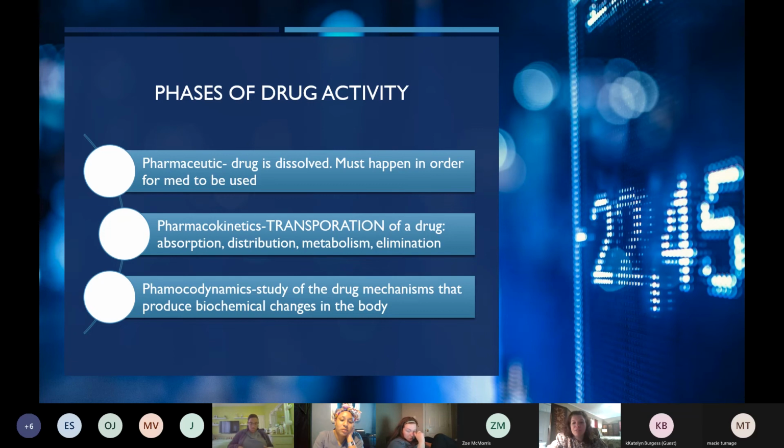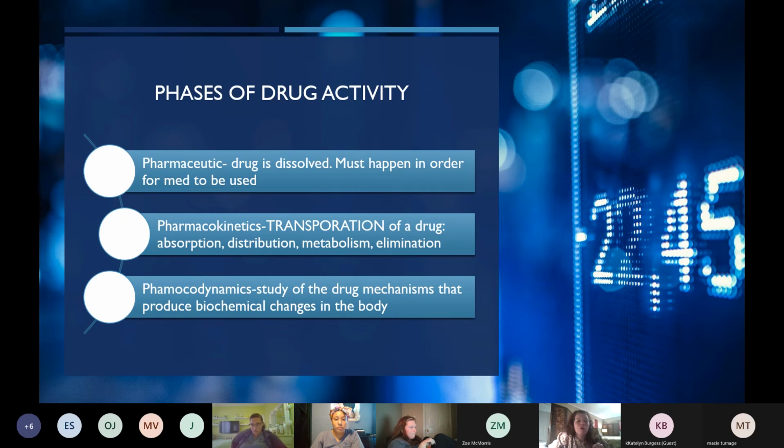Yes. So different forms of medications: liquid, oral, suppositories, sublingual, which is under the tongue, pills, patches. All of those forms are going to be transported and absorbed differently in the body. Okay.